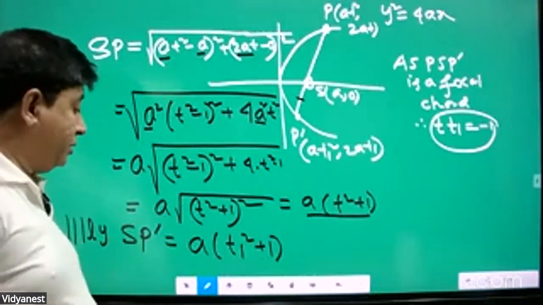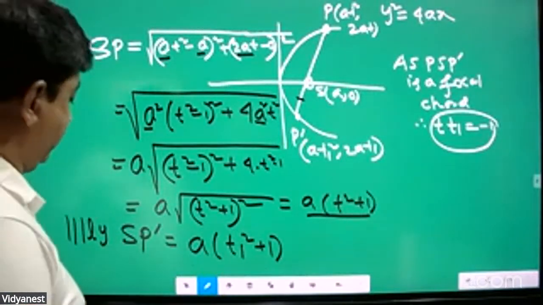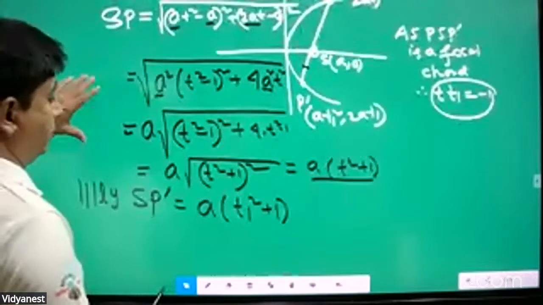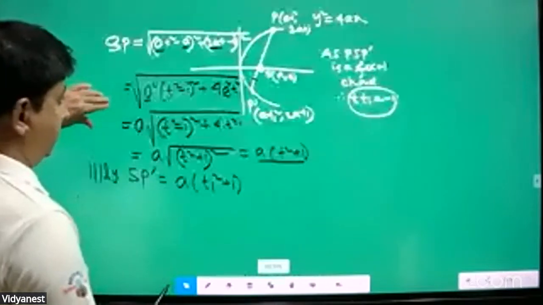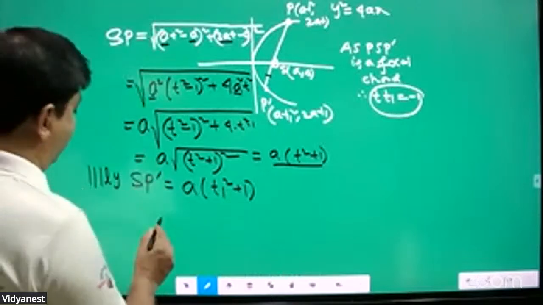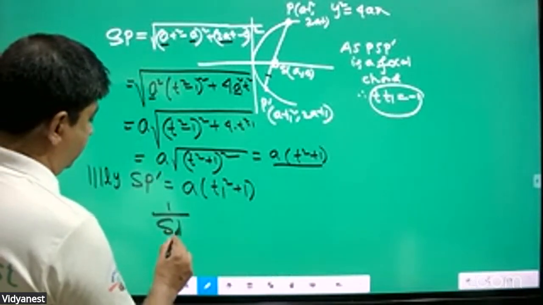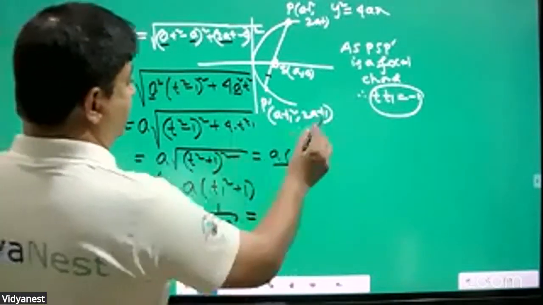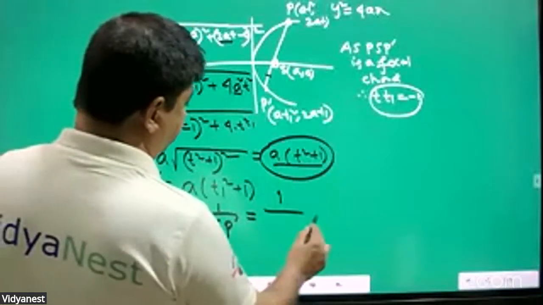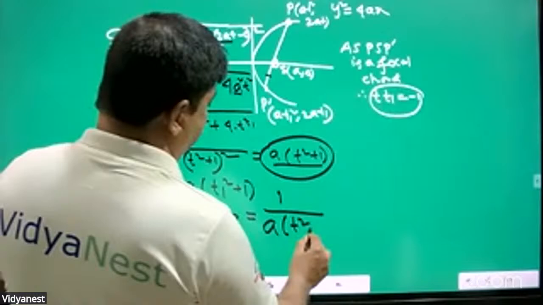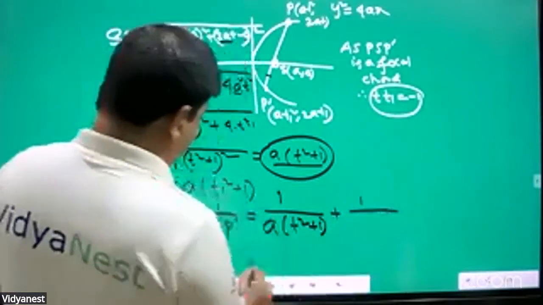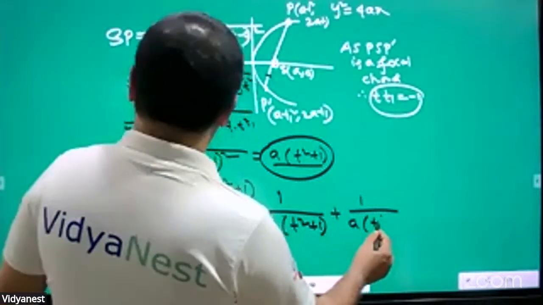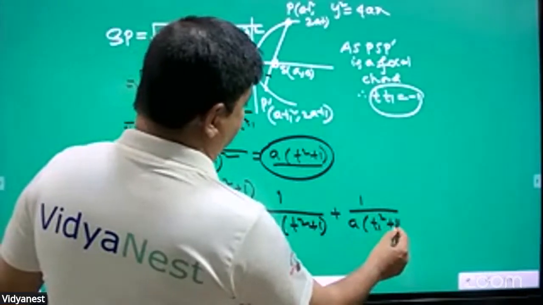So 1 by SP plus 1 by SP dash, that is 1 by SP you got what? 1 by a(t square plus 1) and SP dash will be a(t1 square plus 1).